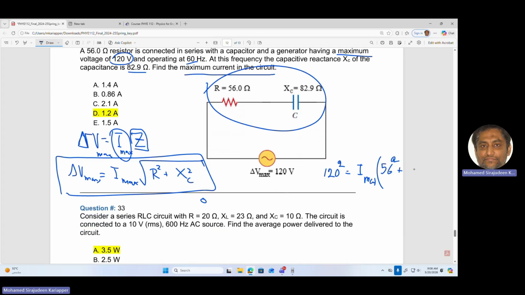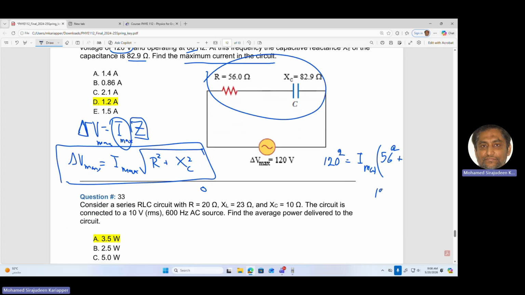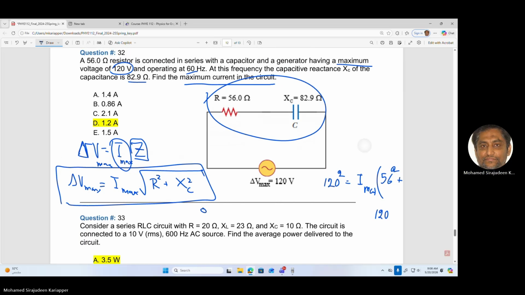Oh, I cannot write anything there. Okay, plus 120. Is it 120? No, 82.9. Squared, close the bracket, and solve for I max.